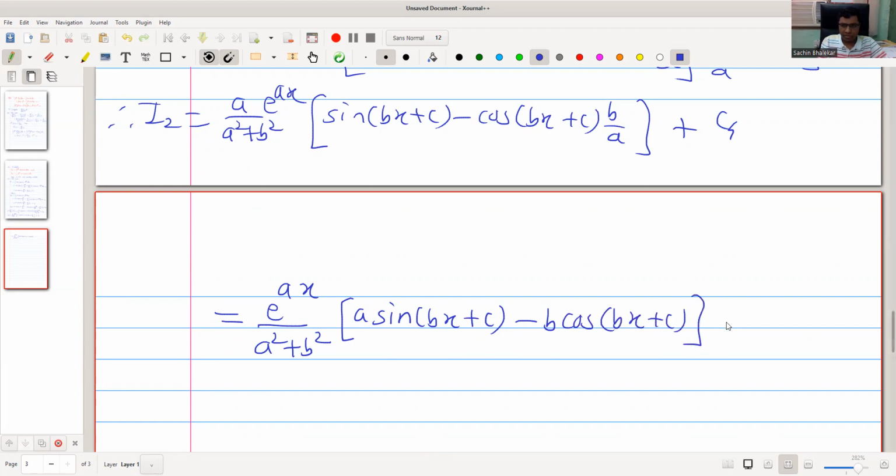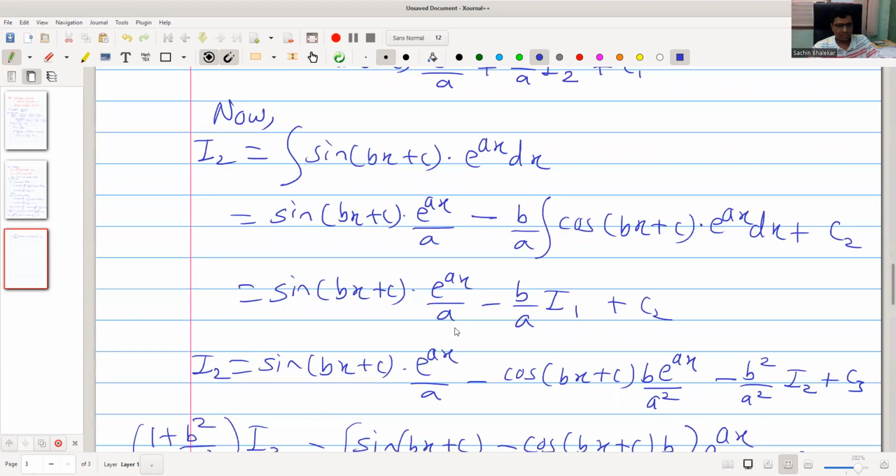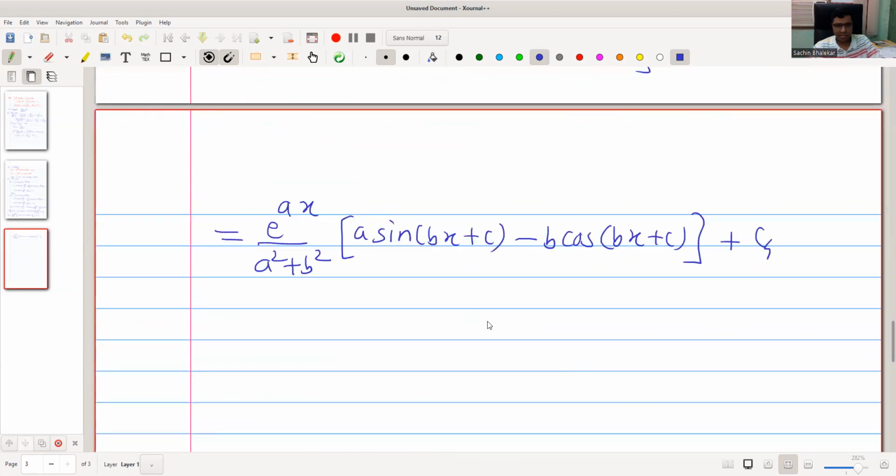Okay, plus constant. Okay, so our I2 is this one. So integral sine bx plus c e raised to ax dx, it is e raised to ax upon a square plus b square, a sine bx plus c minus b cos bx plus c. Okay, so this is one formula.